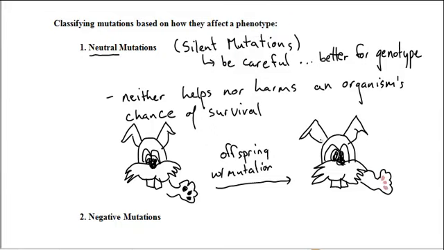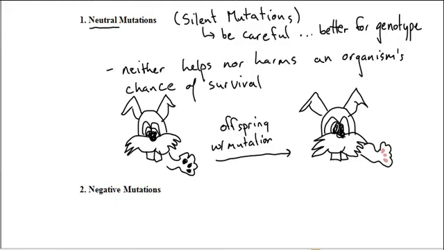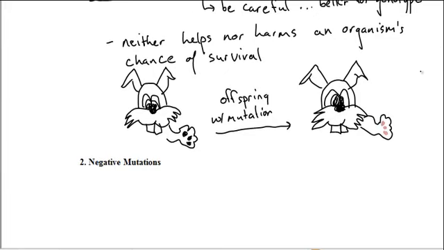Really, this shouldn't affect its chance of survival unless all the other bunny rabbits are mean and look at it and say, I don't like your pink paw pads, and won't date it and reproduce with it. Odds of that in a rabbit population, not very high. Okay, so whether black paw pads or pink paw pads doesn't really affect its chance of survival. That would be a neutral mutation.